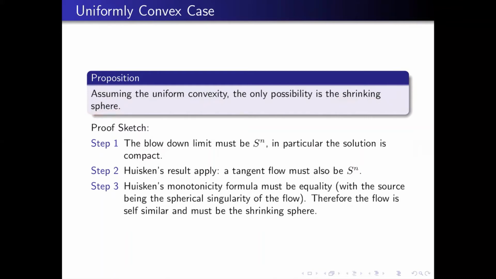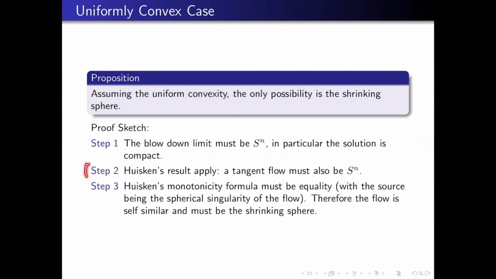First, use the uniform convexity to rule out all but one blowdown limit. So the blowdown limit must be the shrinking sphere, because all the other blowdown limits are not uniformly convex. In particular, this would imply that the solution must be compact.